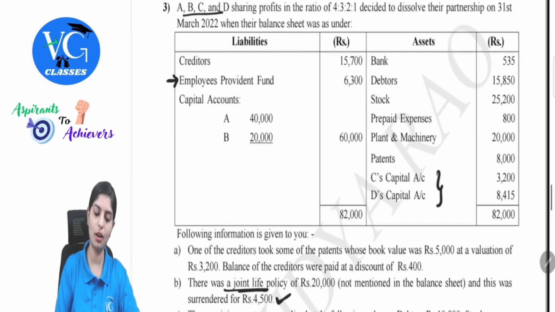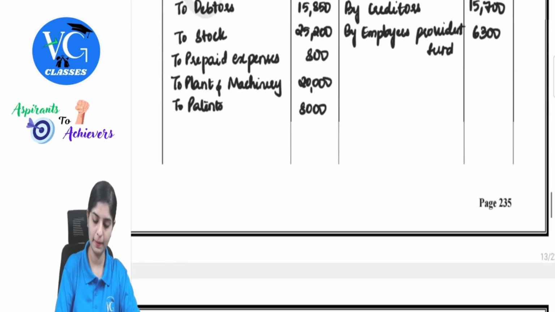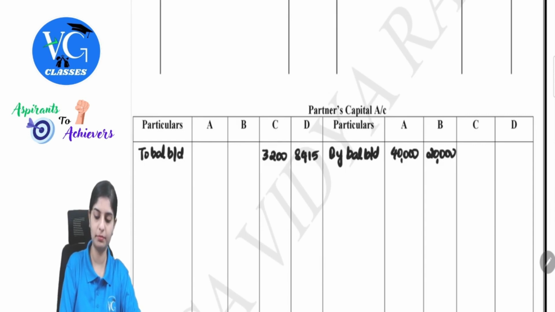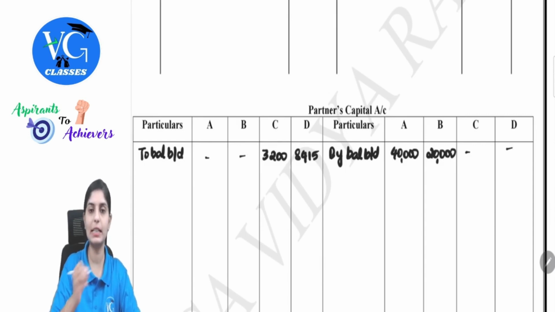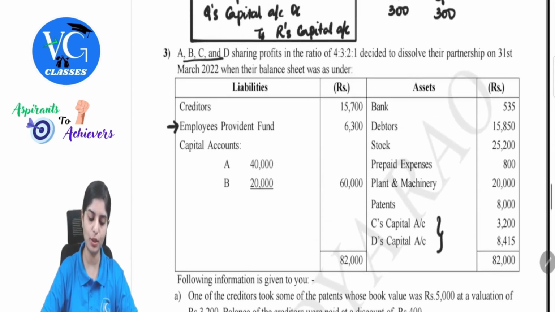Then we have capital accounts of A and B, 40,000 and 20,000, by balance brought down. So what did we do now? We just cleared all the assets, liabilities and capital balances given in the balance sheet.